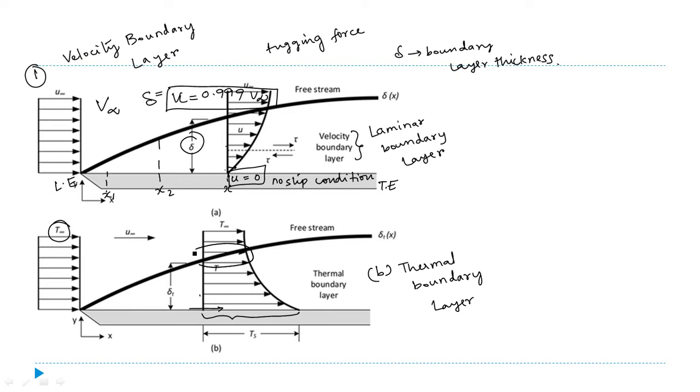Now when this Ts gradient becomes almost equal, or the change in temperature becomes almost equal to the free stream, that is 0.999, the T value at that particular height is called the thermal boundary layer thickness, which we denote by del T. Now how can we define, there is a relation to define both this boundary layer thickness and the thermal boundary layer thickness.